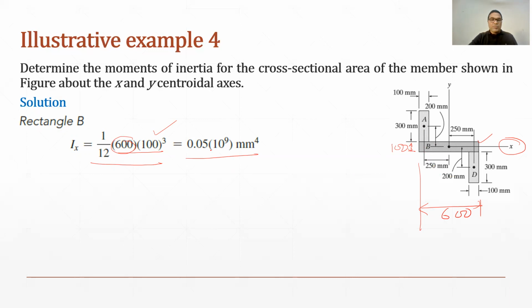Similarly, we can find the moment of inertia about the y-axis. You can see the y-axis is also passing through the CG of this rectangle, so we use the direct formula hb cube by 12. Solving this, we get 1.8 into 10 raised to power 9 mm to the power 4.